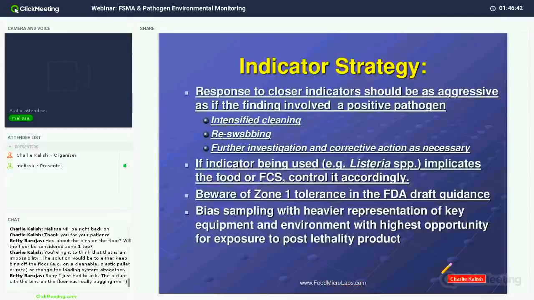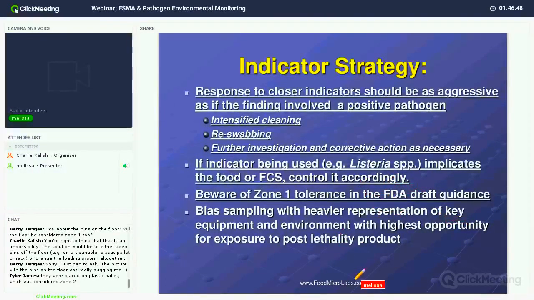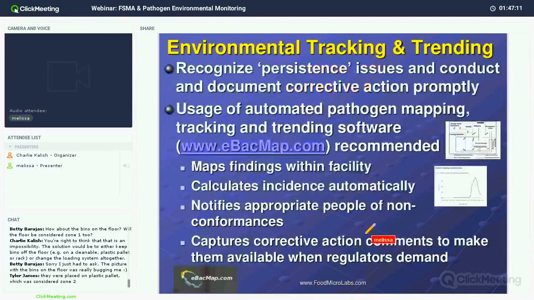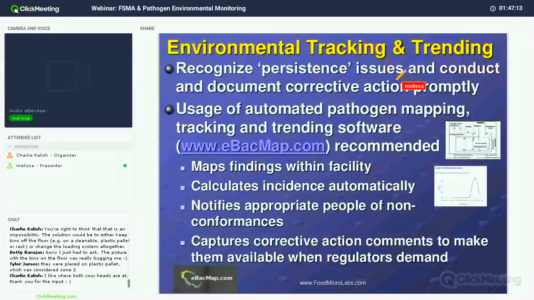For our indicator strategy, we want to make sure that we're responding to positives for indicators as stringently and vigorously as if they involved a positive pathogen. We want to look at collections and sums of data and look for spikes in the results, clusters, other changes, and seasonal relationships, and events like construction or sewer backup.